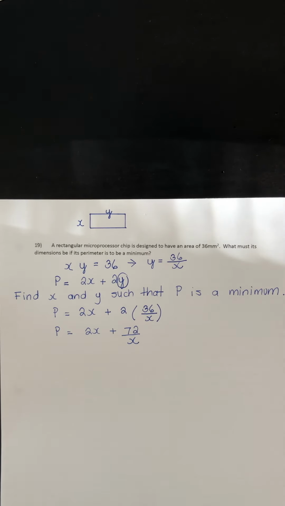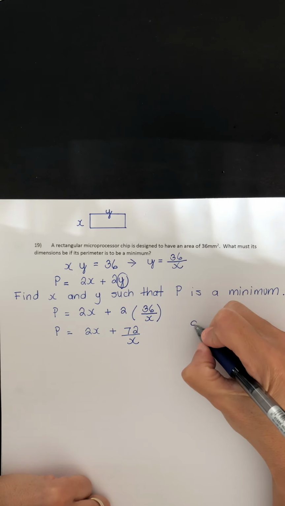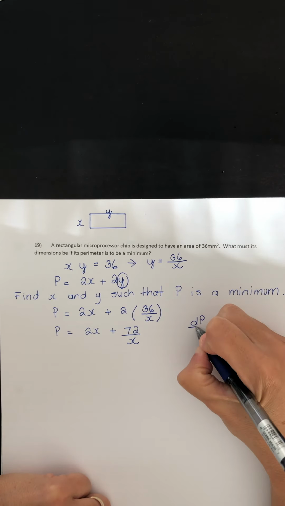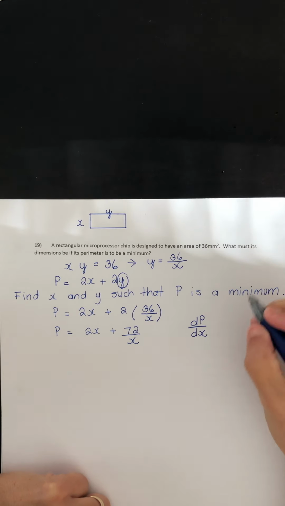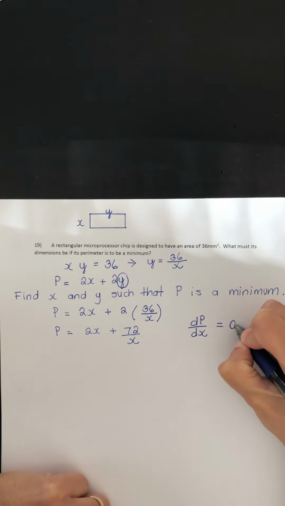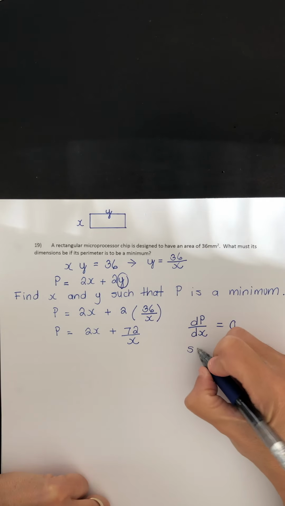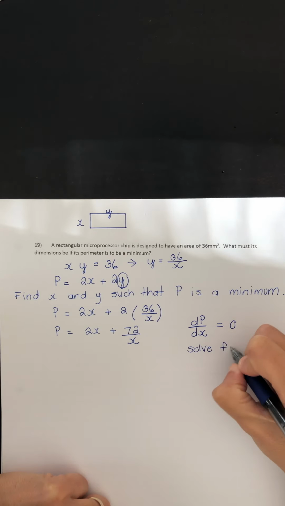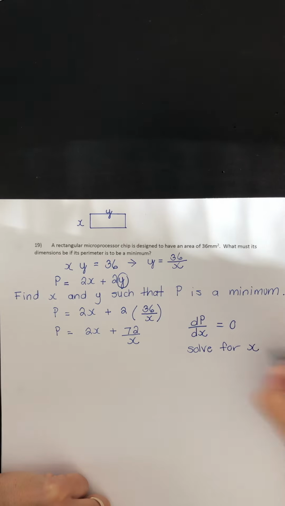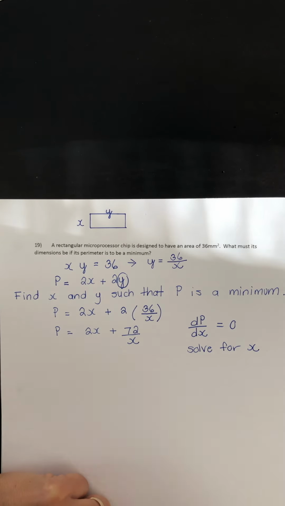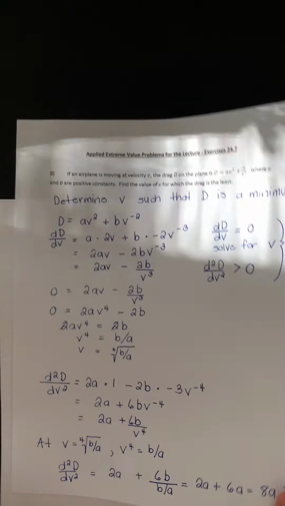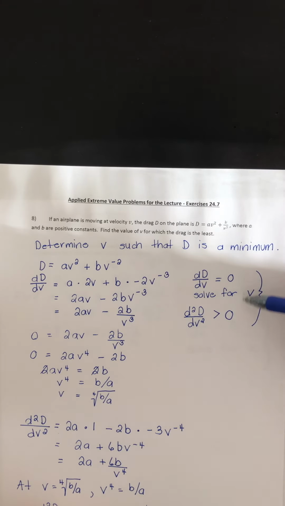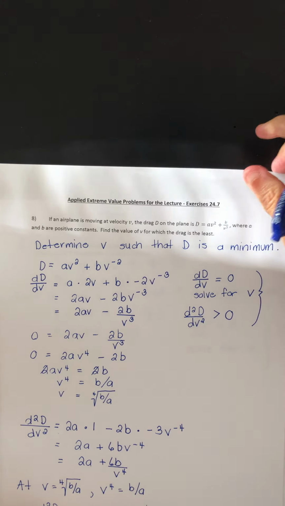So this means, what can we do? We can take the derivative of that perimeter equation with respect to the variable X. We can set it equal to 0, and then we can solve for X. Okay, so this is like what we did in the first question when we wrote sort of our game plan over here on the side of the page.